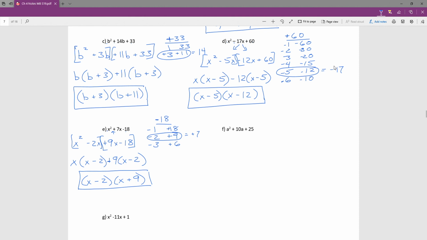F, I'd have 1 times 25, so a positive 25 at the top of my number puzzle. Factor it in as many ways as I can. Look at my B term, it's positive, so that means all my factors are going to be positive, and it's 5 plus 5 that add together to give me a positive 10. So I'm going to decompose that middle term.